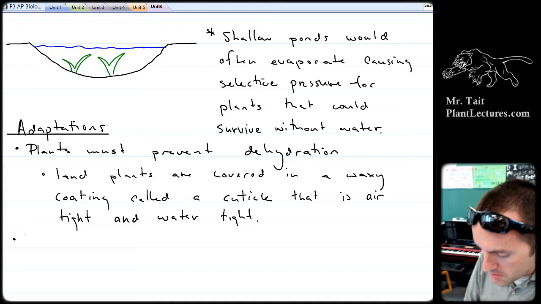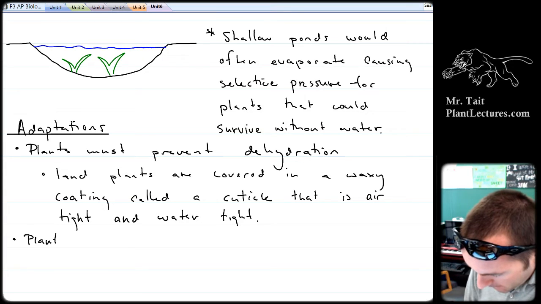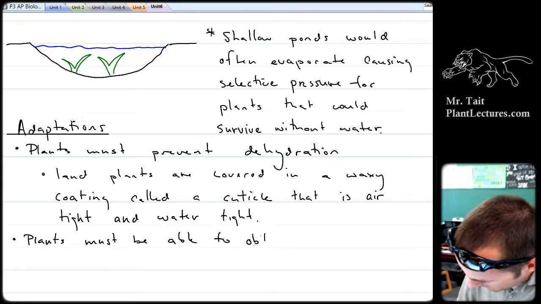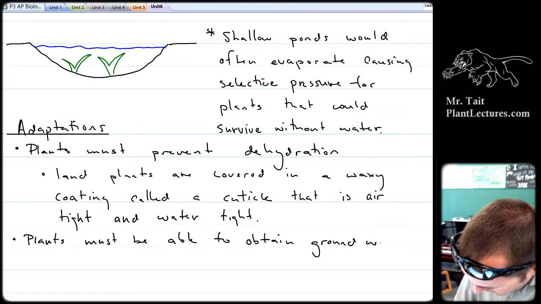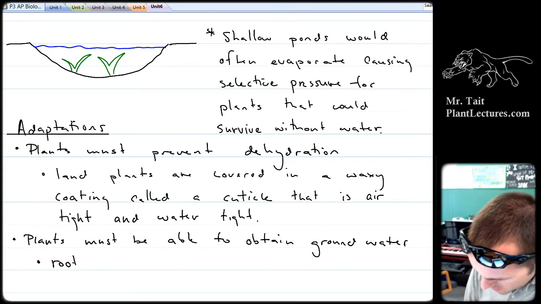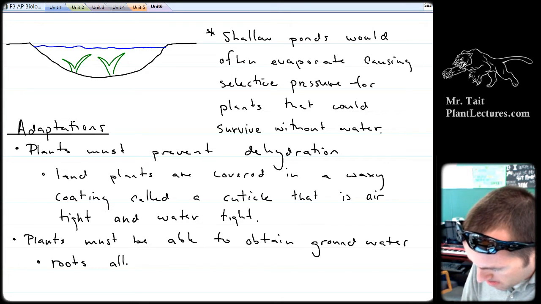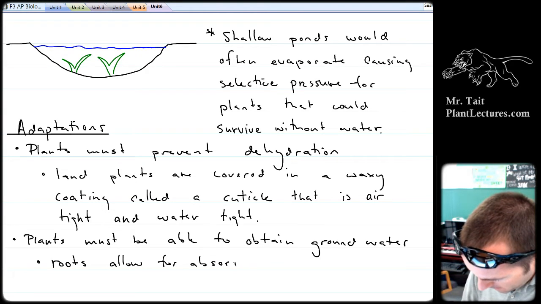So they have to be able to obtain groundwater. So they've got roots. That's step one.